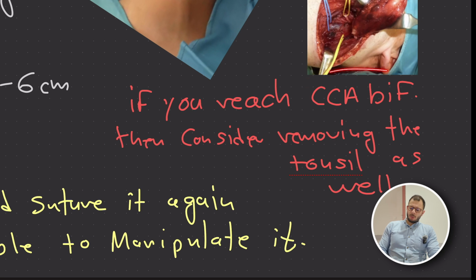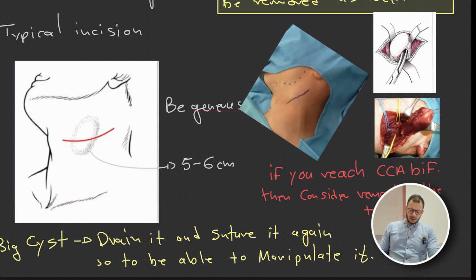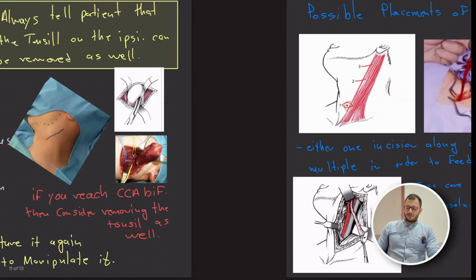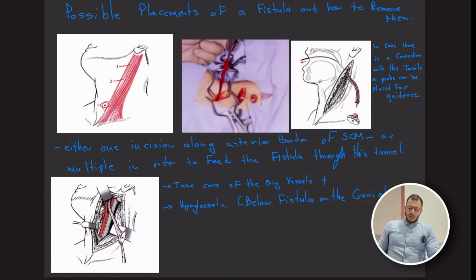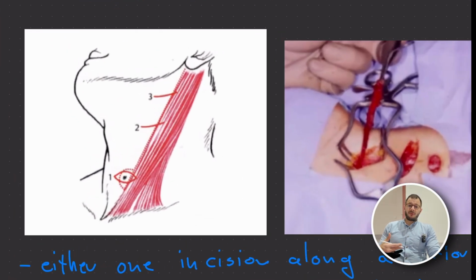If you reach the common carotid artery bifurcation, then you will really need to consider also removing the tonsil on the side. If it's a big cyst, as we said before, drain it, and let's go further. Now, if you have a fistula in the area, you will need to follow this fistula.